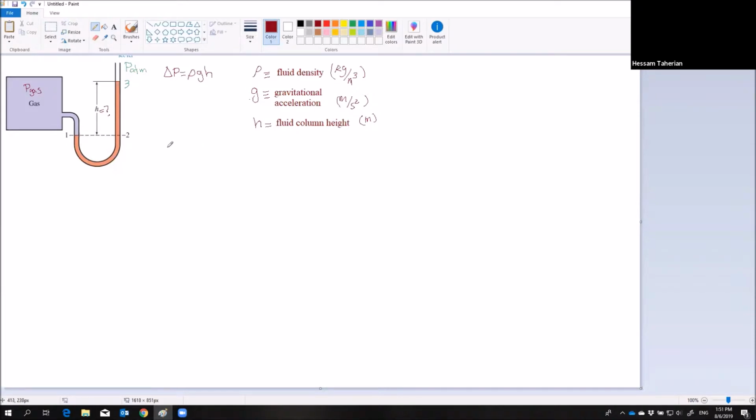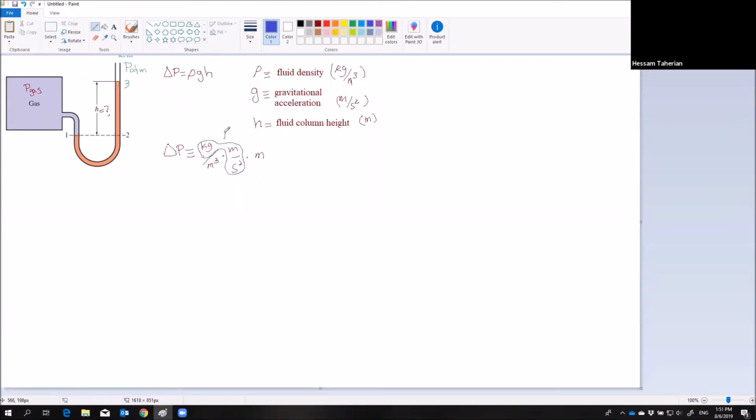Now let's look at the units for delta P. If we use the units given here, we're going to have kilograms per meters cubed times meters per square second times meters. Now, let's separate these three units: kilograms, meters per second squared.